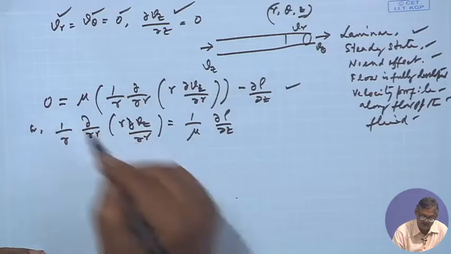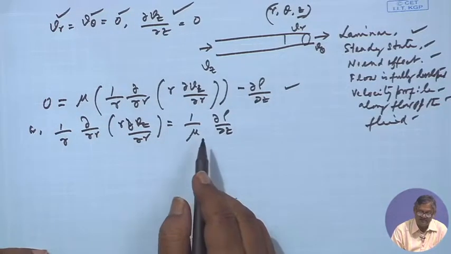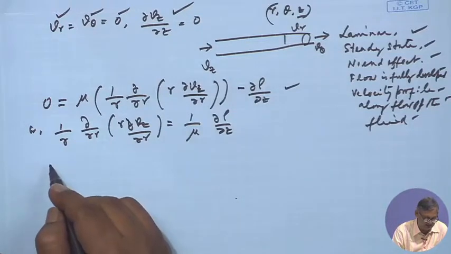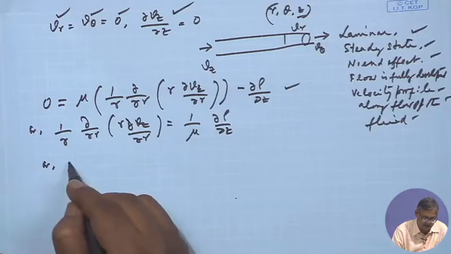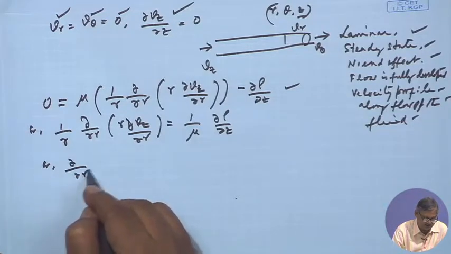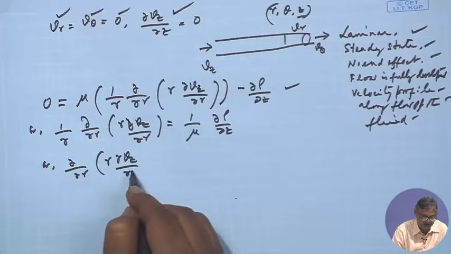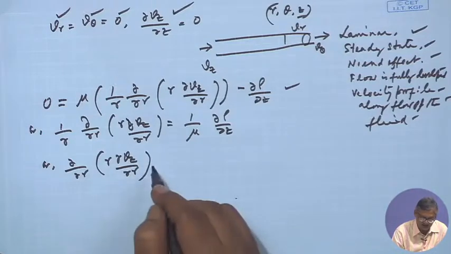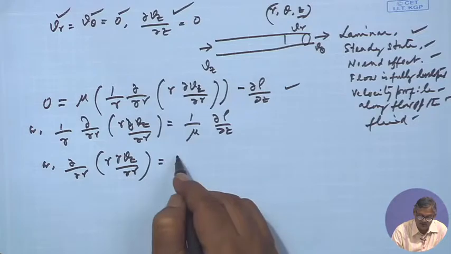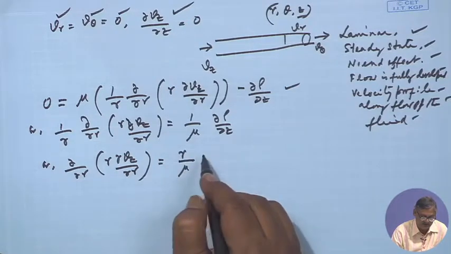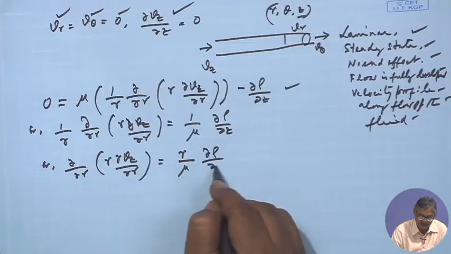So, taking this del p del z to the other side, we can write del r of r del v z del r is equal to r by mu into del p del z.